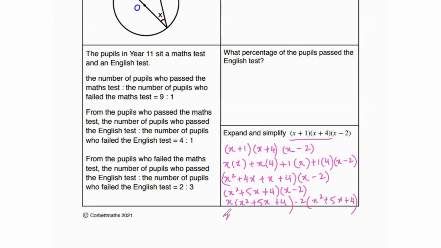That is going to give us x cubed plus 5x squared plus 4x minus 2x squared minus 10x minus 8. Collect the like terms. So x cubed is going to be as it is. 5x squared minus 2x squared is going to be plus 3x squared. 4x minus 10x is negative 6x and then minus 8. And that is your answer.